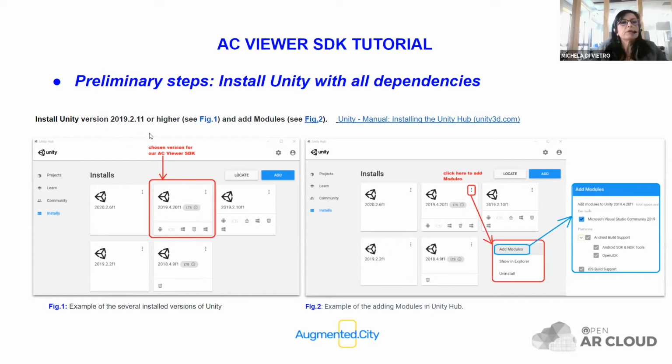Here is reported the minimum version of Unity, but you can also use higher versions. This version is also reported in our README file. And clicking the three-dot button to the right of the Unity version, you can also select and install several modules in order to create the software environment for our project.